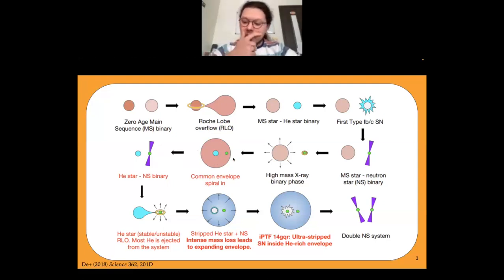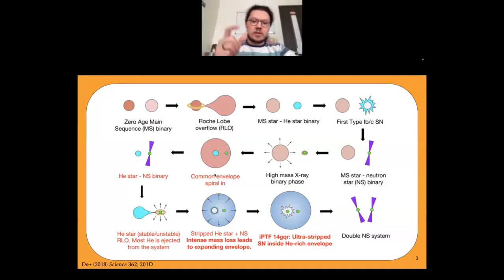And if you've heard of the analogy of an ice skater as they're spinning on ice, when they have their arms out and they move them closer in, they start to spin faster. Effectively, the same thing happens in this system where the neutron star is dragging along the material in the common envelope, and it's moving closer in.